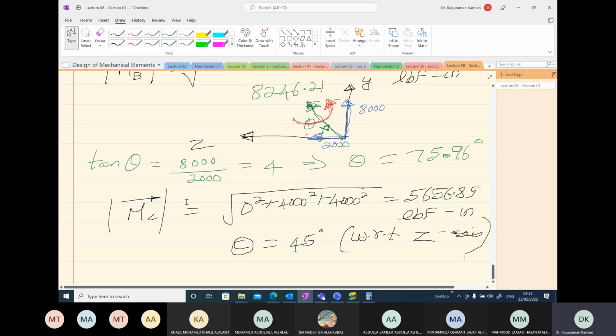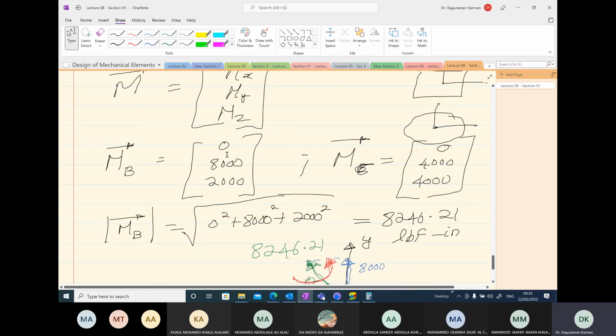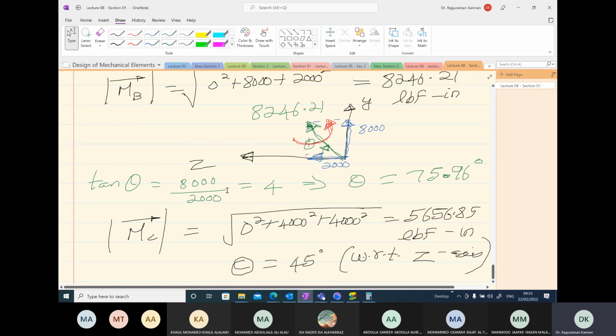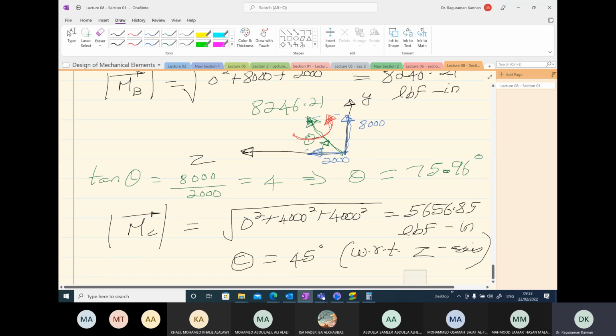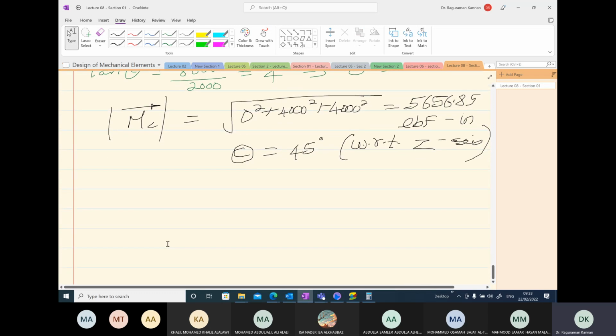Now, sometimes we will use the resultant magnitude of the bending moment to calculate the stresses, and sometimes we cannot use the resultant value, but we'll have to use the individual values of the bending moments to calculate the stresses. That will depend upon what kind of cross section we have on the particular beam.